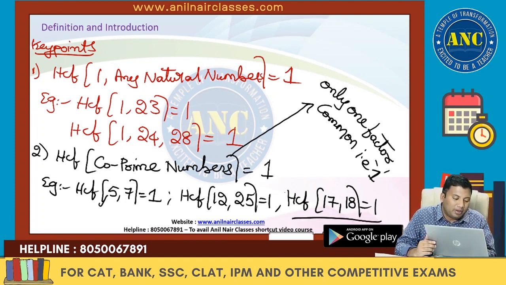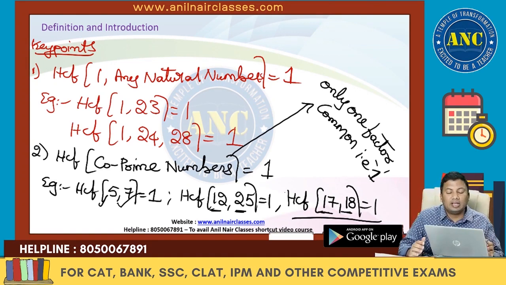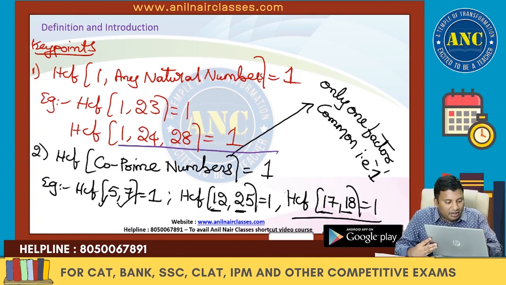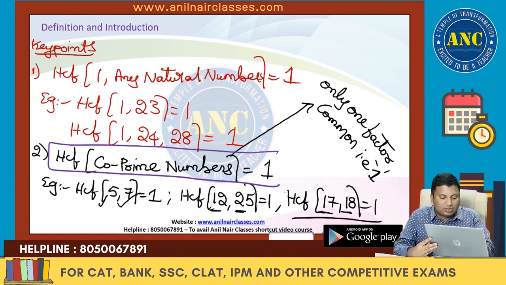5 is a prime number, 7 is a prime number. For a pair to become coprime numbers, it is not mandatory that both numbers should be prime. Both can be prime numbers, both can be composite numbers, or one can be a prime number and another a composite number. Second important key point, HCF of any coprime numbers is 1.